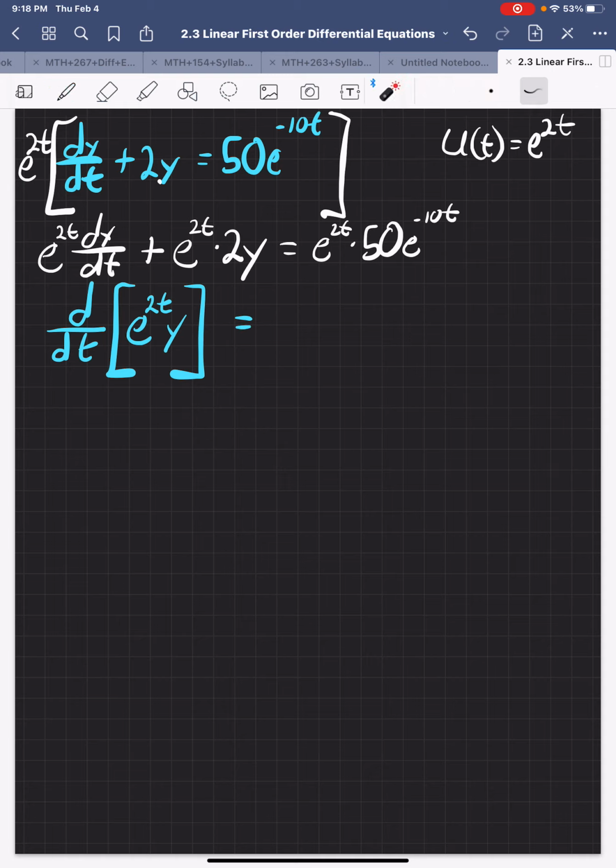Now let's clean up the right-hand side of the equation. Well, if you have e to the 2t here times e to the negative 10t here, that's just e to the 2t minus 10t, right? That's just e to the negative 8t. So I'm going to write 50 e to the negative 8t.